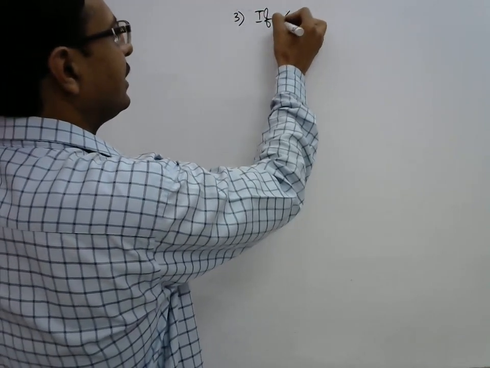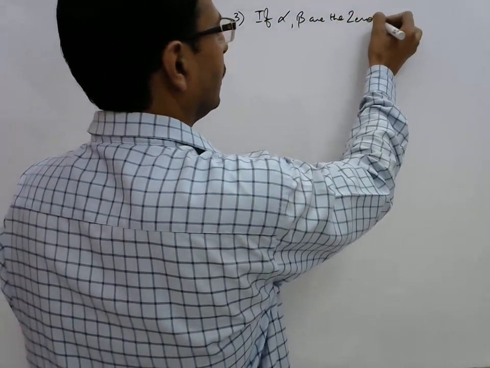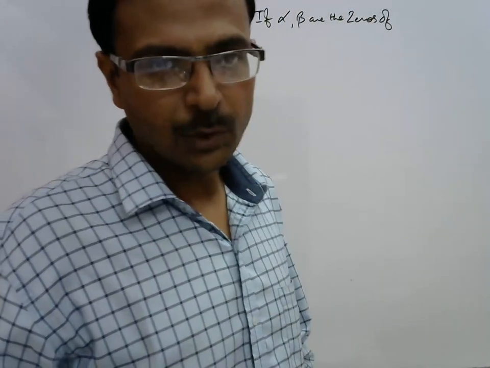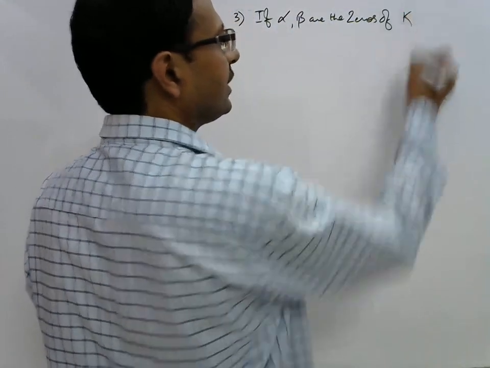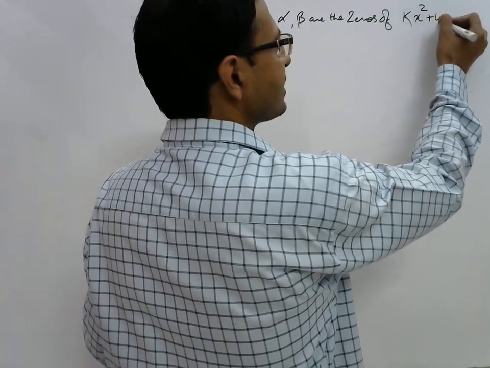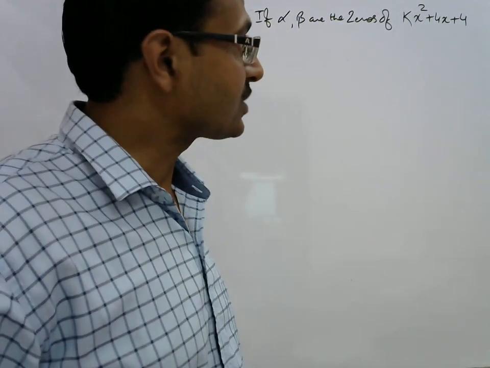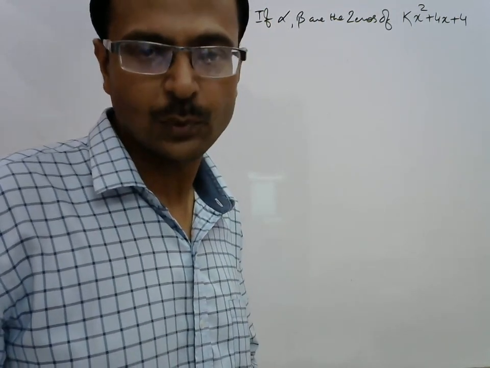If alpha and beta are the zeros of, now you are given a quadratic polynomial whose zeros are alpha and beta, and the quadratic polynomial is kx square plus 4x plus 4.